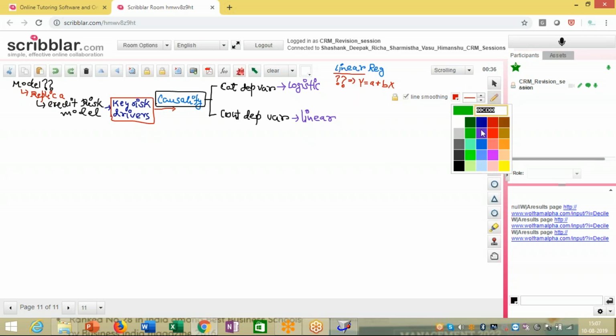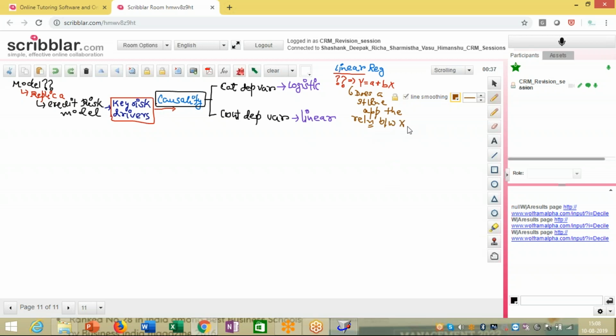What I am trying to answer over here is, does a straight line approximate the relationship between x and y?